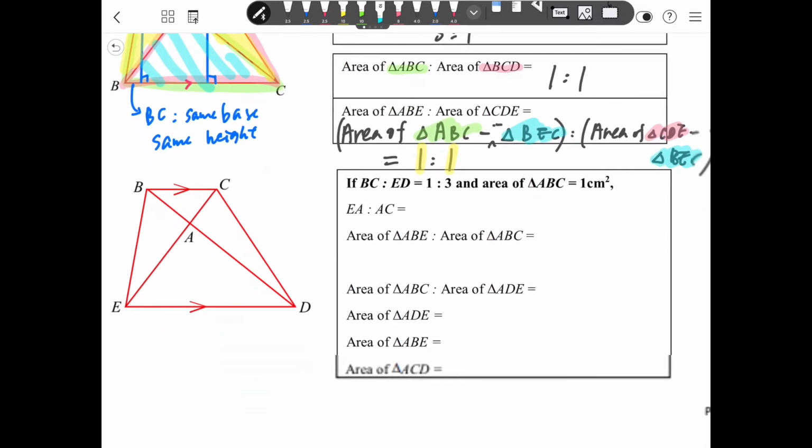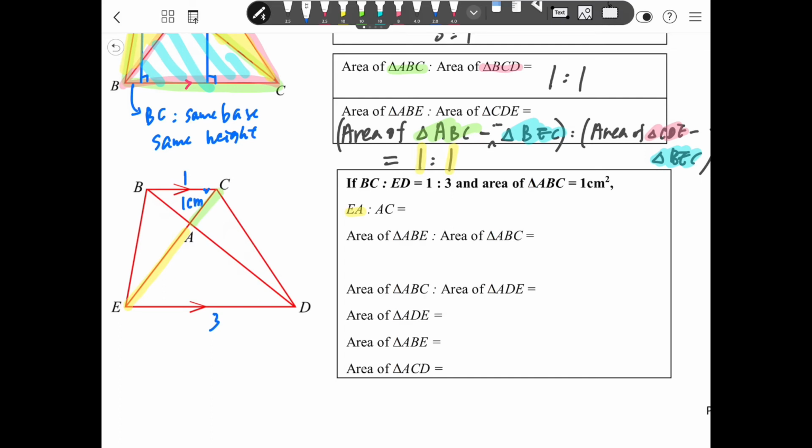If BC is 1 and then DE is 3 for the ratio, and triangle ABC equals 1 cm square, then may I know what about EA to AC?